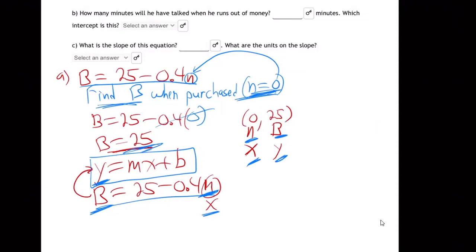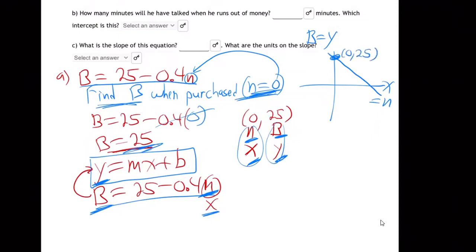So this is what point? I'm honestly a little confused myself. Let me think for a second. So x-axis here, y-axis here. This is the n-axis because n is x and B is y. This is the B-axis here. And we're talking about a graph that goes like this. And we just found this point here, 0, 25, which is a y-intercept or a b-intercept.